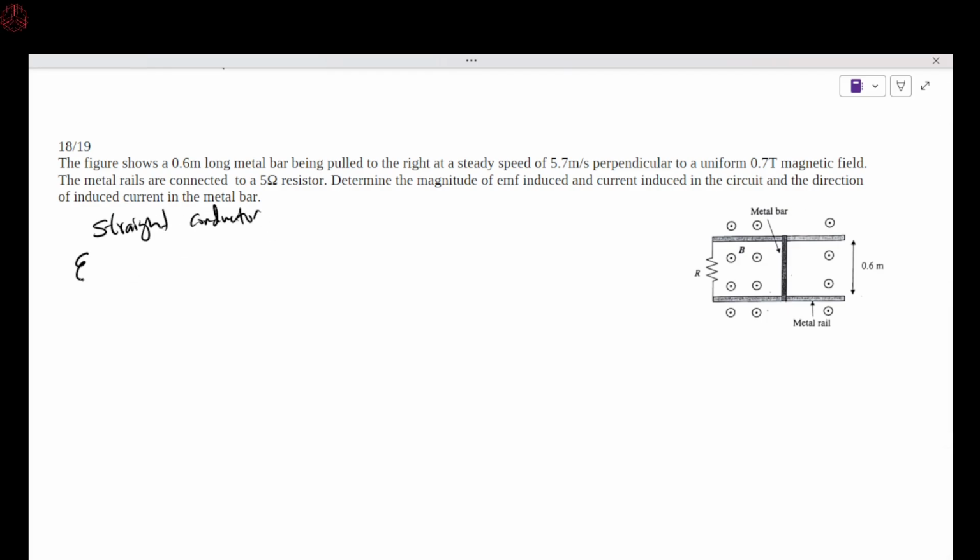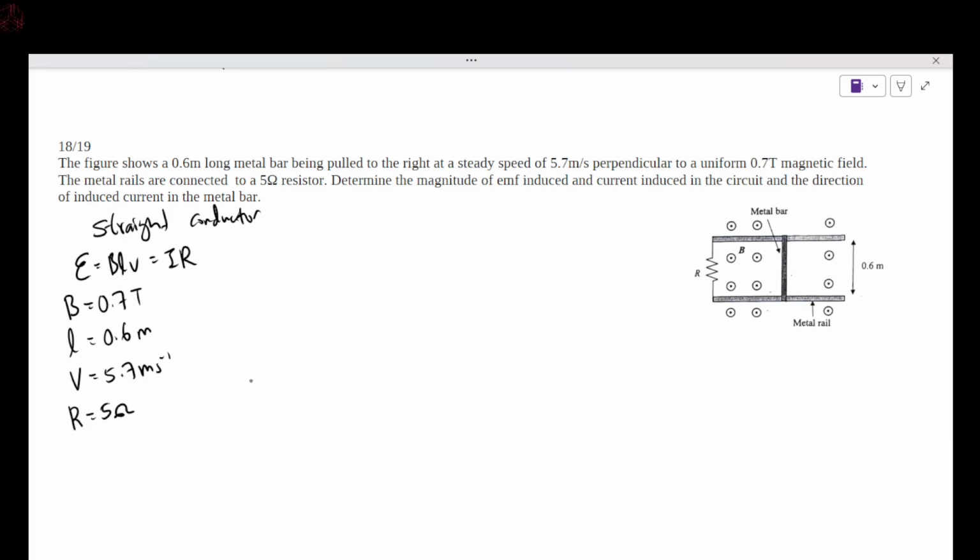That means my epsilon is going to be BLV equals IR. Okay, so here I have again my B is 0.7, my length is 0.6, and then my V is in fact 5.7 meters per second, meters and Tesla. Okay, and then my R is also given to be 5 ohm.